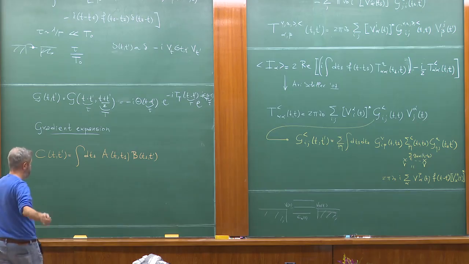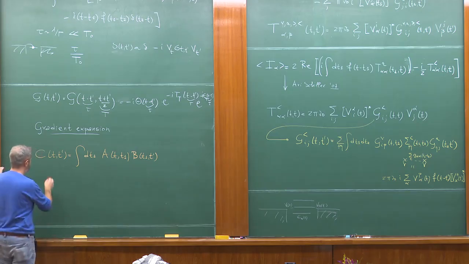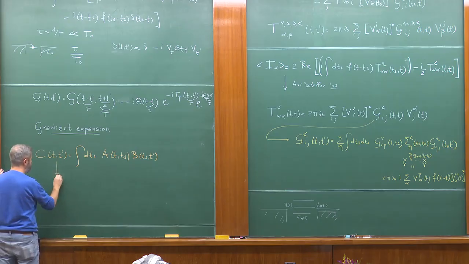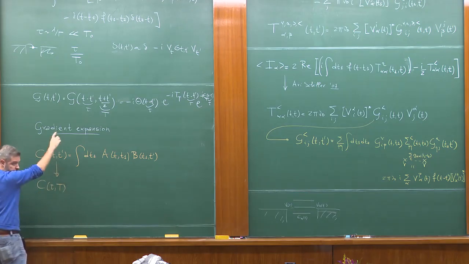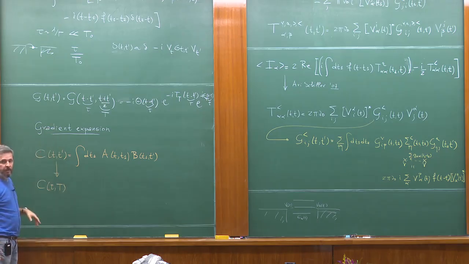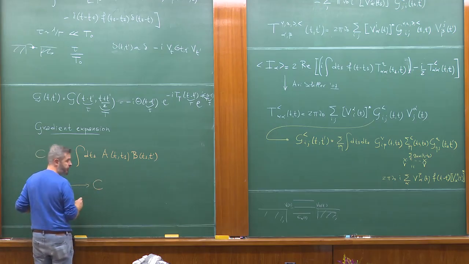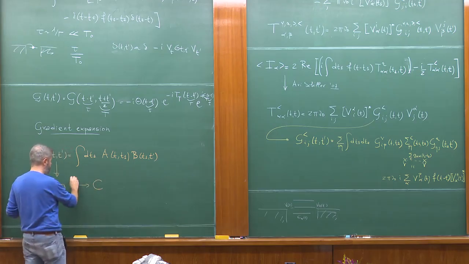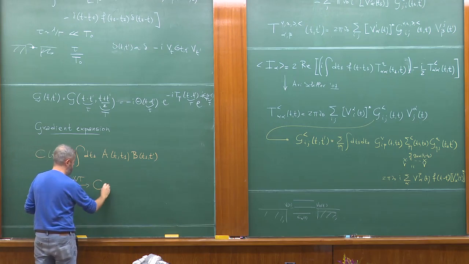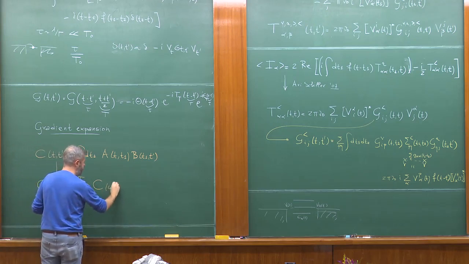So, as I said, here I can introduce two variables, tau and t, as I've done above. And because of what you just said, because of scale separation, I can take the Fourier transform with respect to tau. This has a name. It's called the Wigner transform. So it's called C of omega, t.